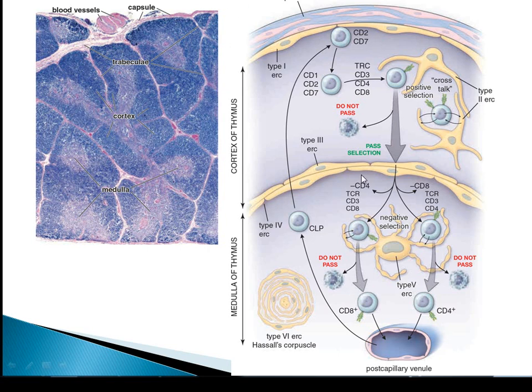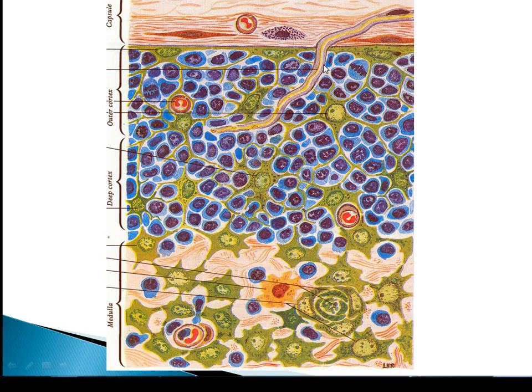That is the cortex, that is the medulla, and here they proliferate and become immunocompetent T cells. To do this, they must contact various epithelial reticular cells which are present here. The epithelial reticular cells of the thymus are subdivided into 6 groups: first, second, third in the cortex, and fourth, fifth, sixth located in the medulla.